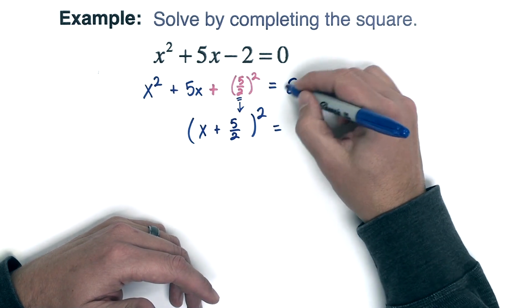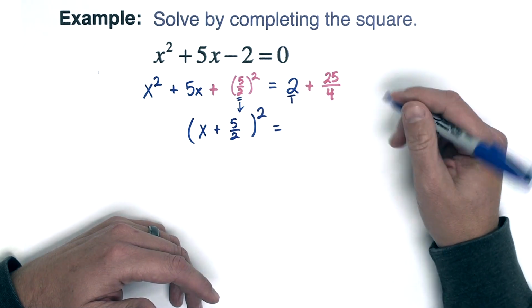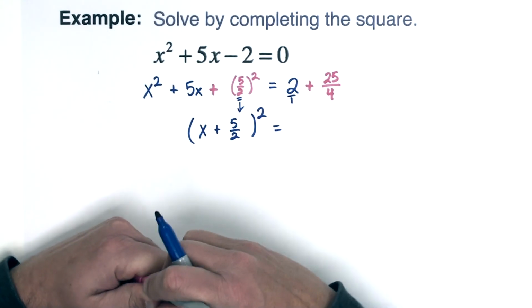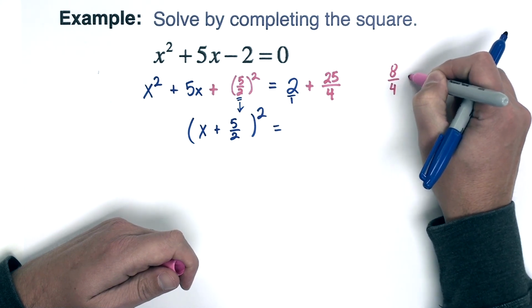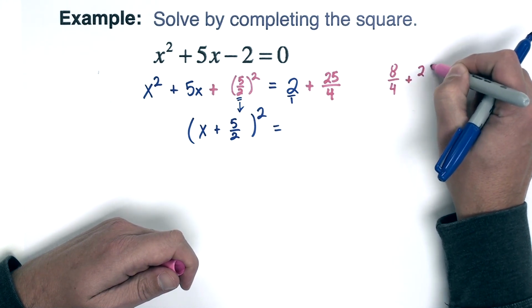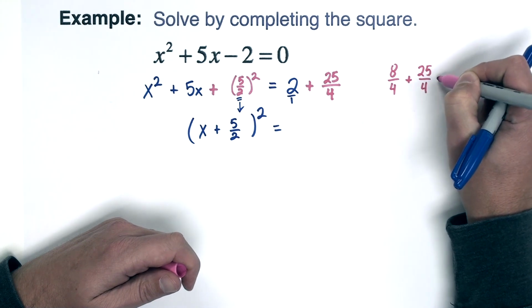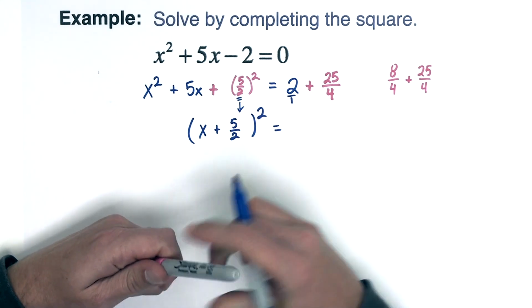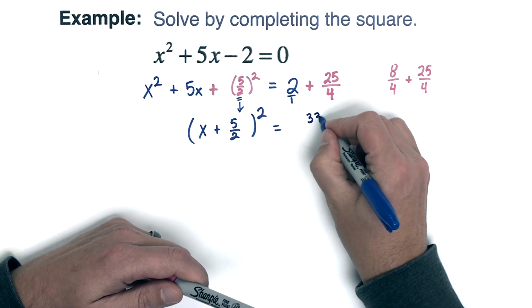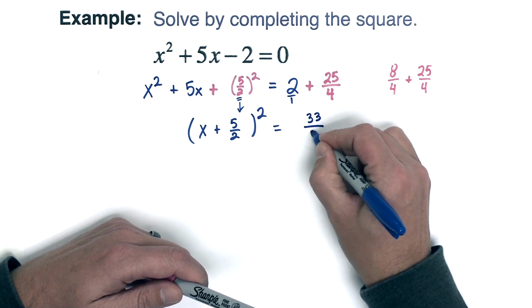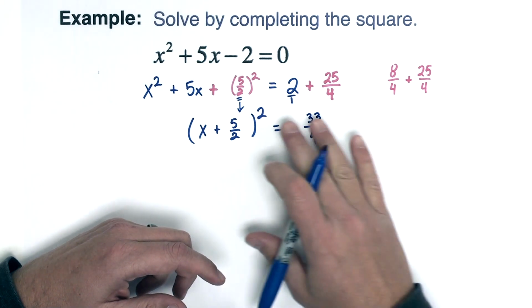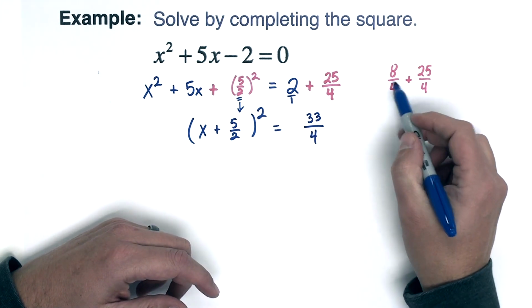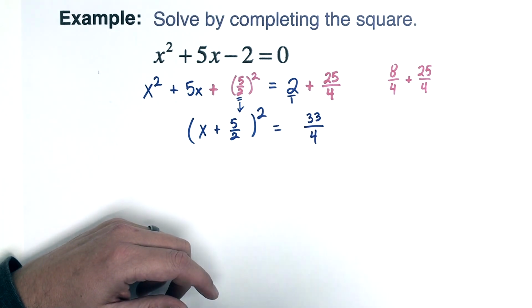So the 2, which is like 2 over 1, let's do some scratch work here. 2 over 1 is like 8 over 4, and I can add that then to 25 over 4, and 8 and 25 are going to be 33, and then it's going to be over 4. So you do have to do a little fraction play there, specifically adding fractions with common denominators.